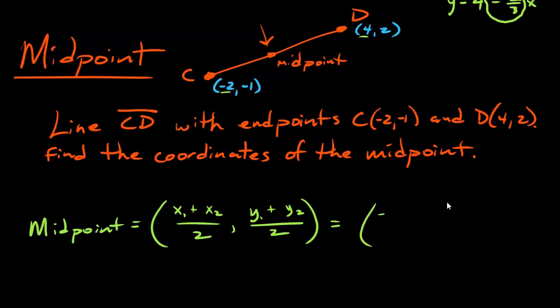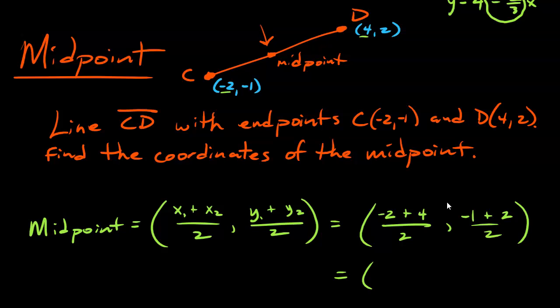So x1 is -2. Go ahead, Olivia. You don't even have to ask. -2 plus 4 over 2. So x1 was -2, x2 was 4. y1 is -1, y2 is 2, divided by 2.